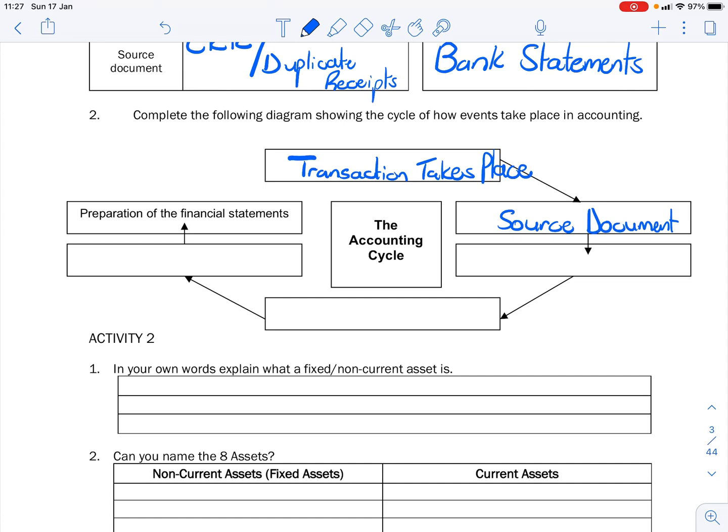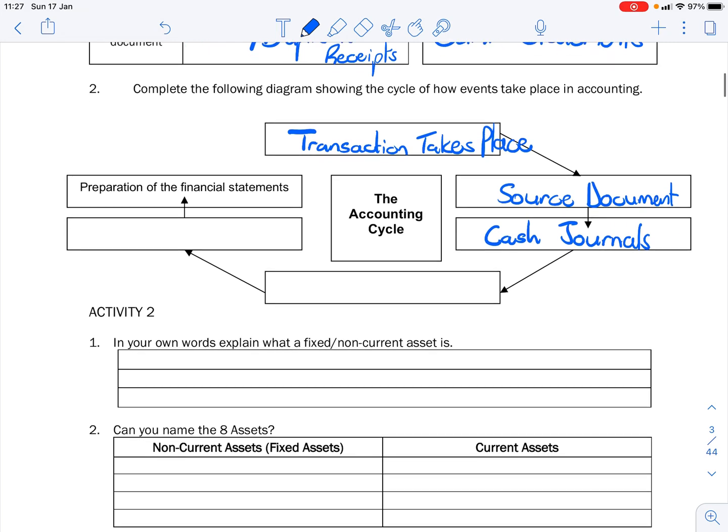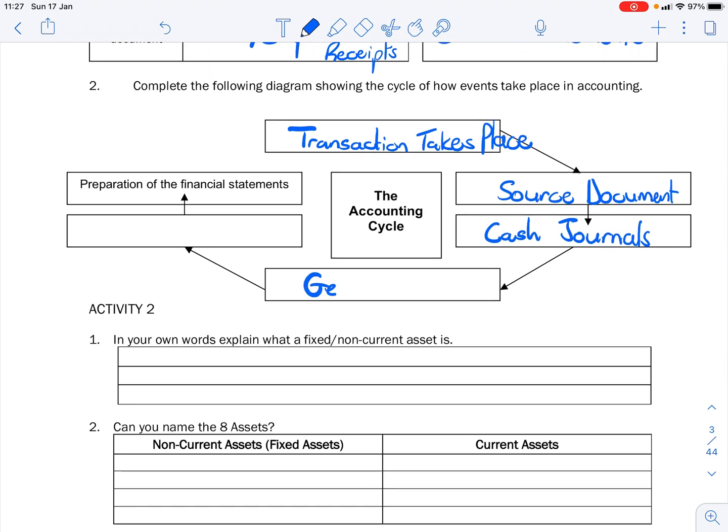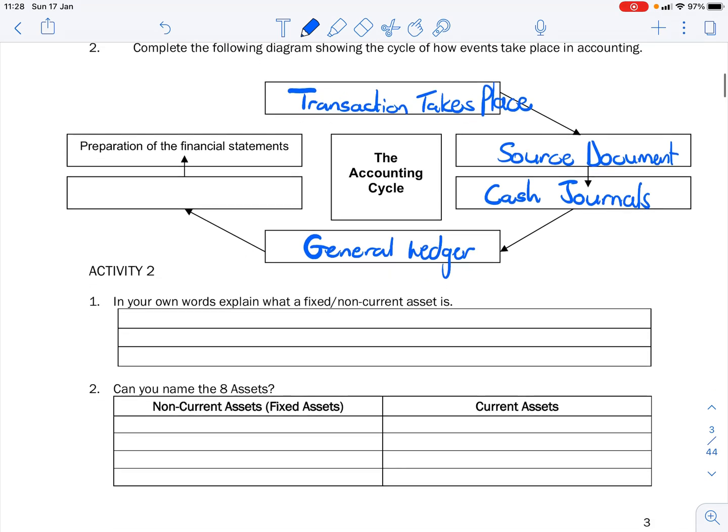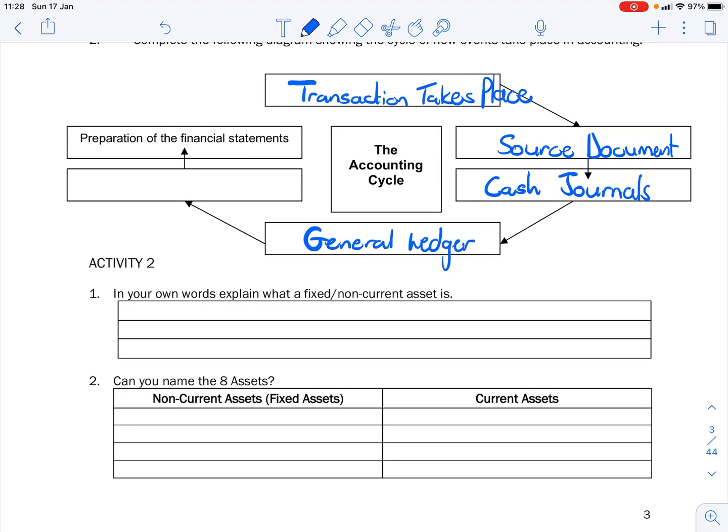From there, the information from our source documents is posted to our cash journals. We then transfer the information from the cash journals to the general ledger. Thereafter, finally, the information from the general ledger is used to prepare or draw up the trial balance.